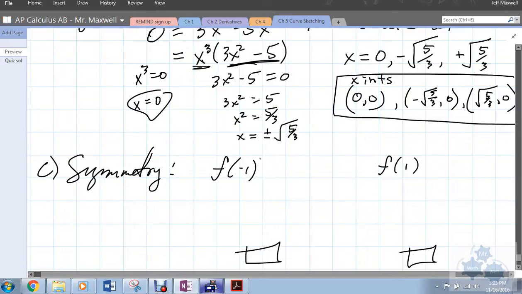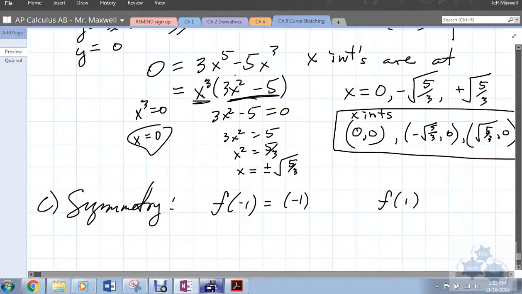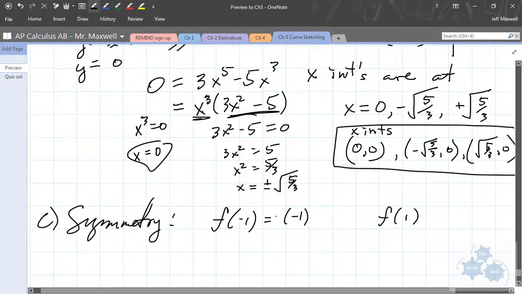So f of negative 1 is going to be 3 times negative 1 to the power of 5 minus 5 times negative 1 to the power of 3.